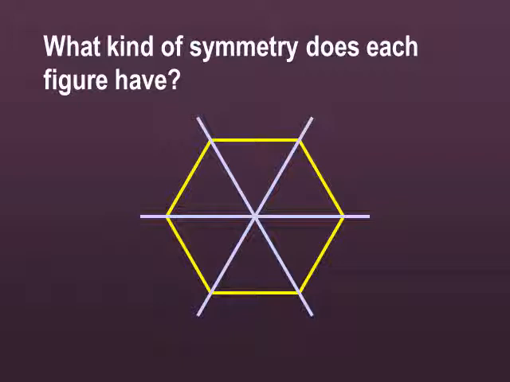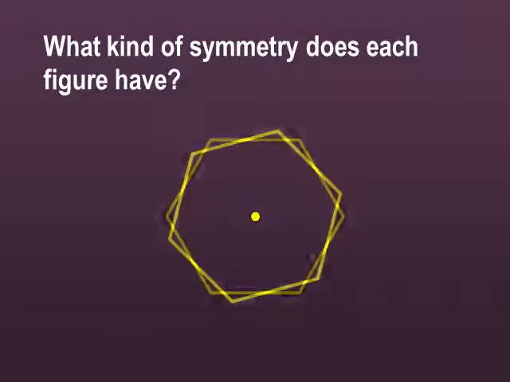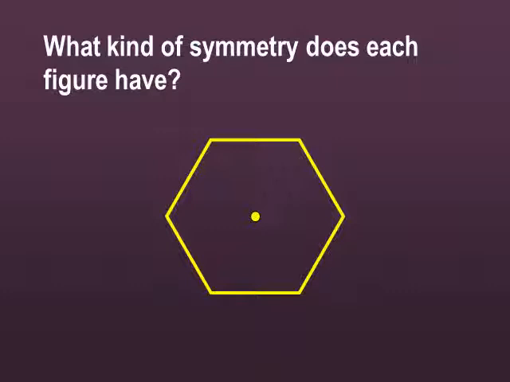So this has many lines. This has 6 lines of symmetry. So this hexagon has point symmetry, line symmetry, and rotational symmetry. It has all three.